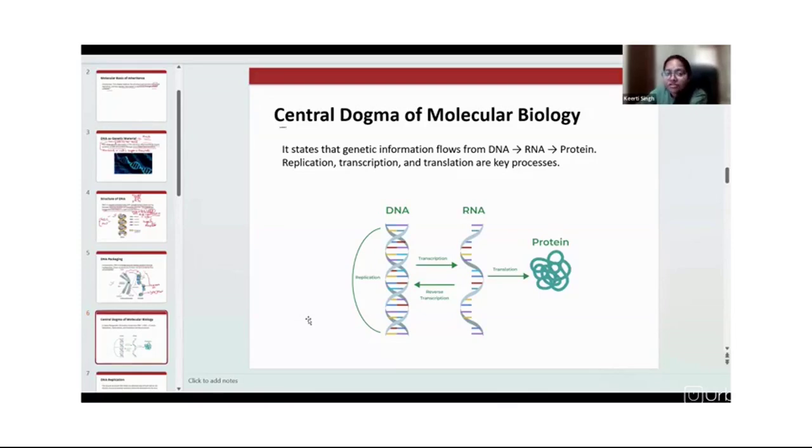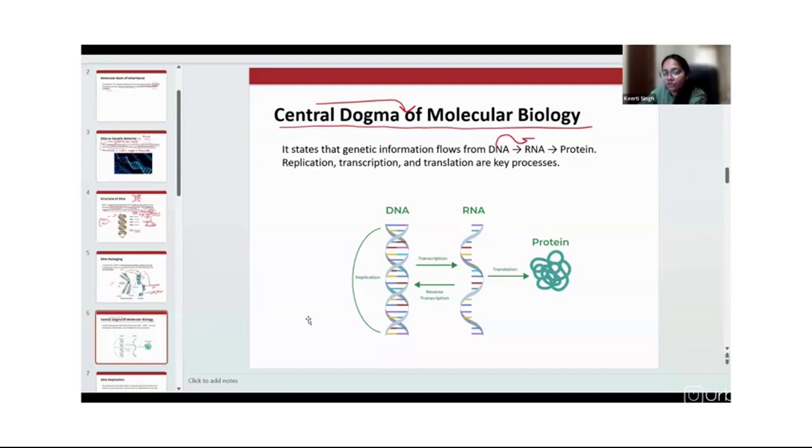The information in molecular biology always follows the central dogma, the channel of passing information one way. It means that DNA contains some kind of information.